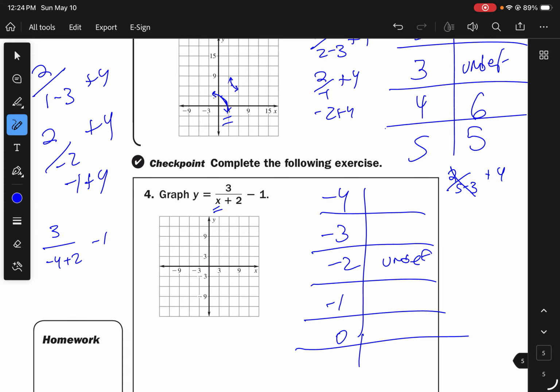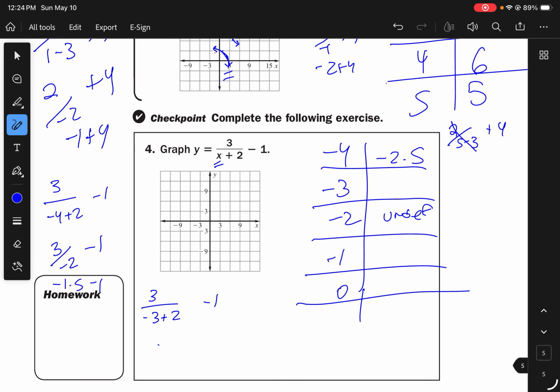So that's 3 over negative 2, minus 1. Negative 1.5 minus 1, negative 2.5. 3 over negative 3 plus 2, minus 1, 3 over negative 1, minus 1, negative 3 minus 1, negative 4. 3 over negative 1 plus 2, plus 1.